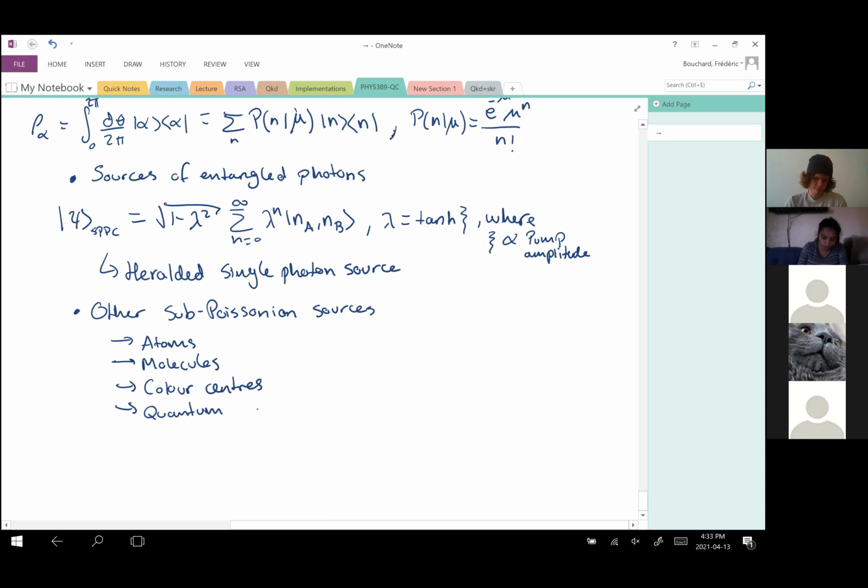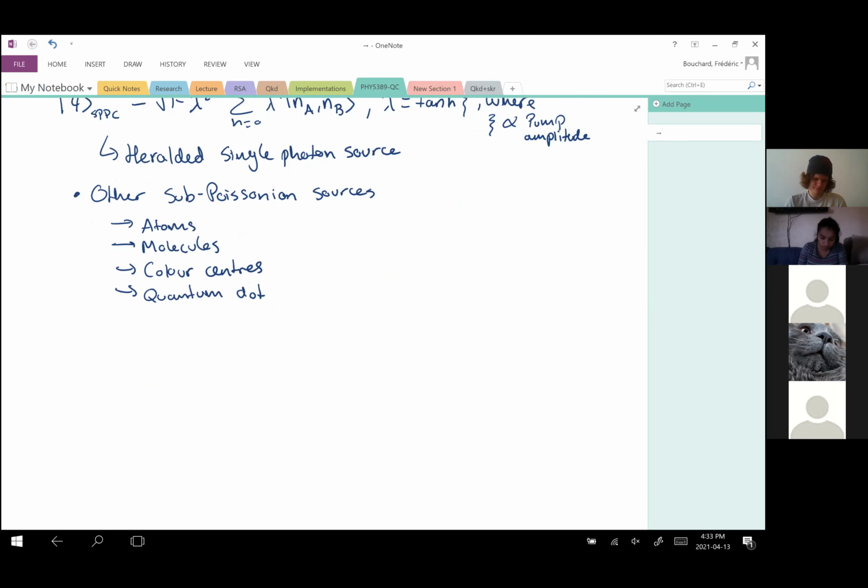I should mention heralded single photon sources are not deterministic, but if you had a quantum memory, you could store one, and then you could deterministically get your photon out of your memory, and that is sort of turning a heralded photon source into a deterministic source. But the problem is efficient and on-demand quantum memories are not really a thing so far, or they're not easy to make in the lab.